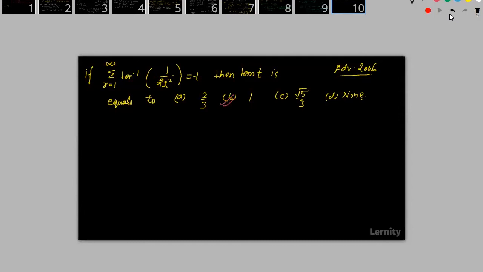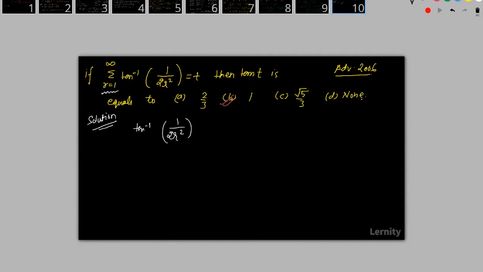Okay, so let's try this one. Right, so I've told you before also, if you have sigma, that means you have to write this in the form where terms will get cancelled out, right? So this is tan inverse of 1 by 2r square, right?